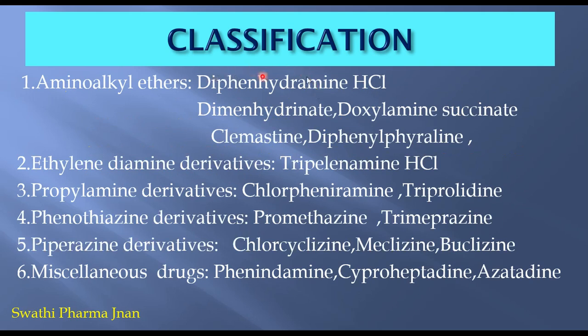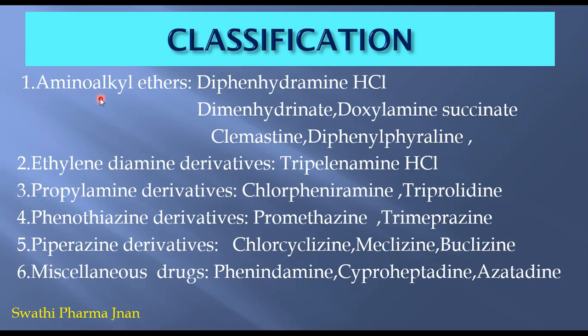Coming to the classification of antihistaminic drugs, the classification is based on the generations: first generation, second generation and third generation. This classification is for the first generation antihistaminic drugs. The first class is amino alkyl ethers. Amino alkyl ethers contain an ether group, an amino group and an alkyl chain.